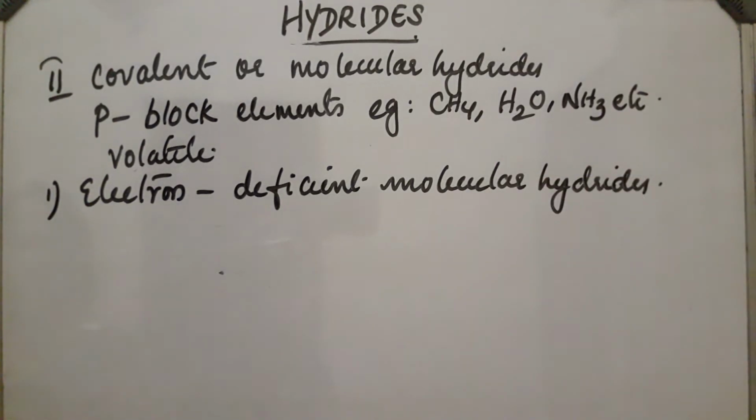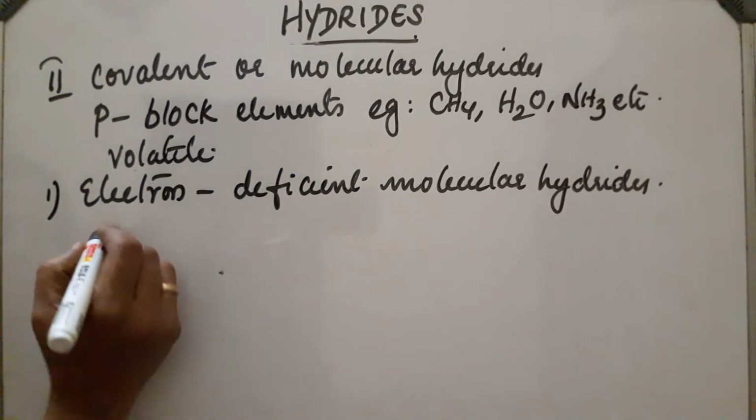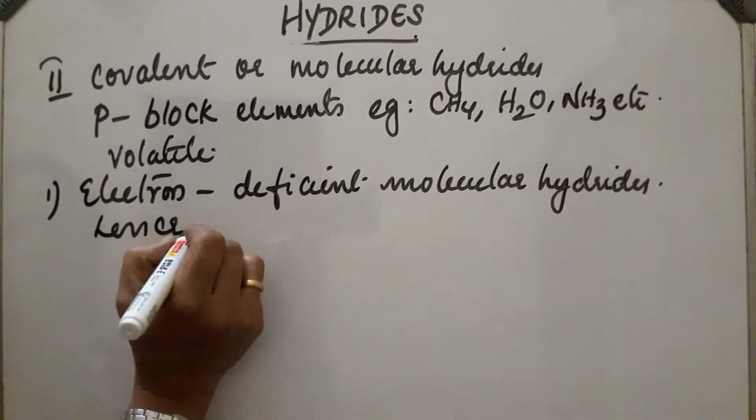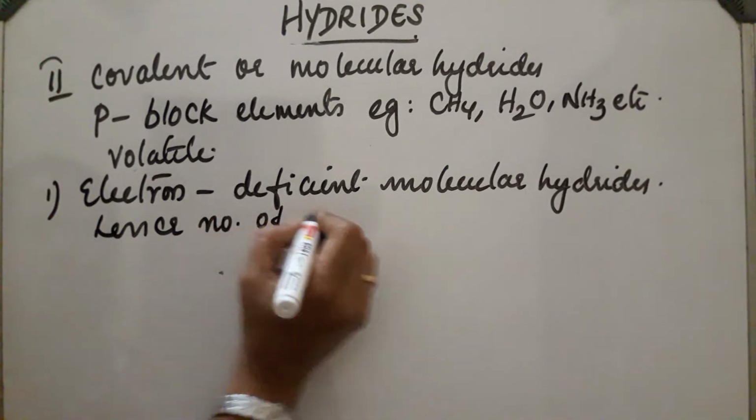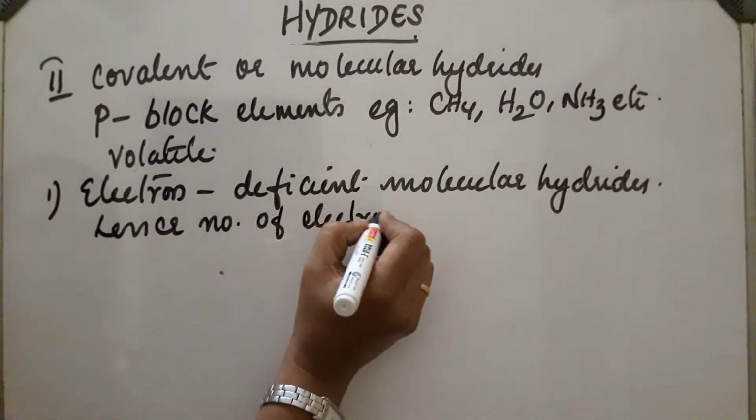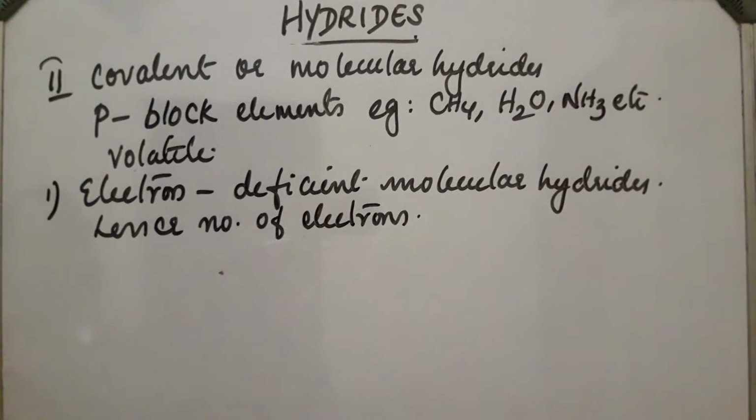These hydrides have a lesser number of electrons than required for writing the conventional Lewis structure.